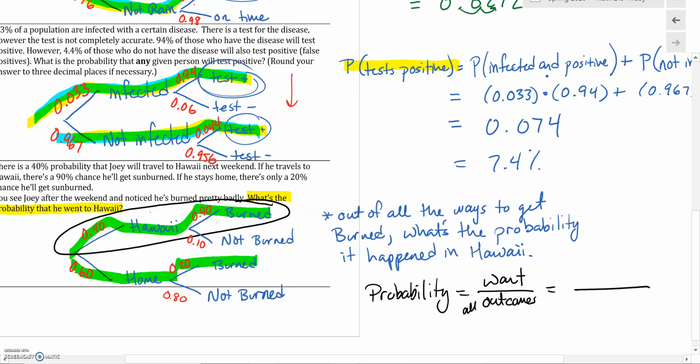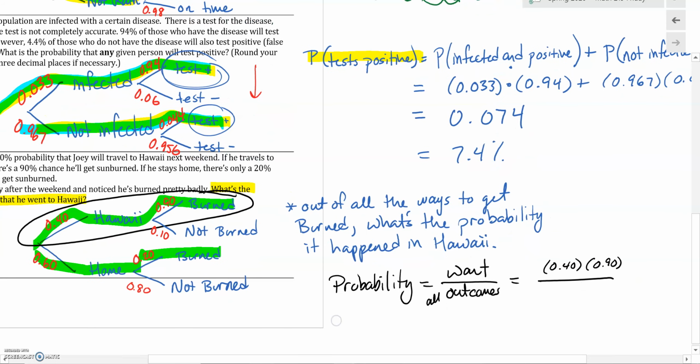I want to land in that bubble, right? So if I want to land in that avenue, the probability that I get there is Hawaii and burned. It's an and statement, so I would multiply them. Okay. So that's what I want. I want that sunburn to have come from Hawaii, meaning the probability of getting there would be 40% times 90%.